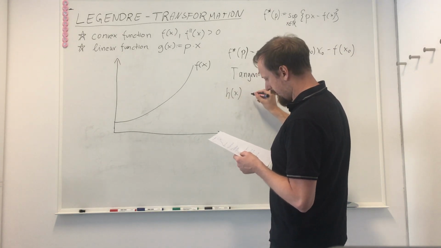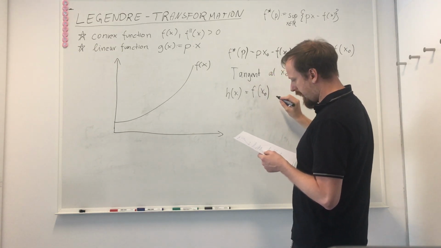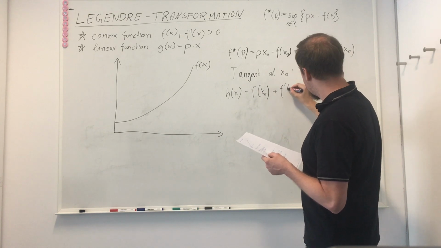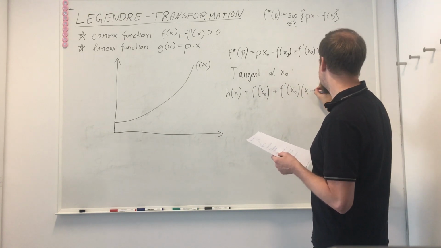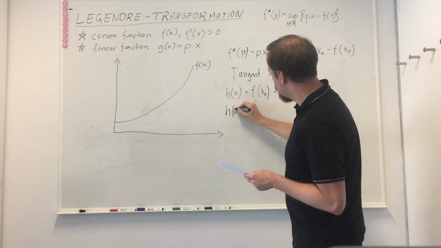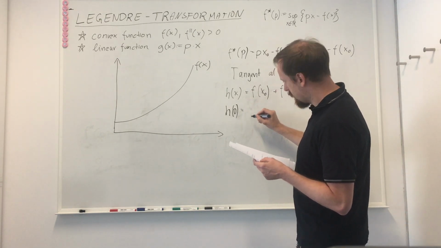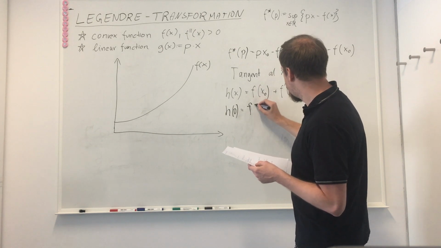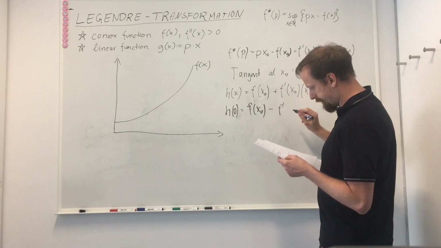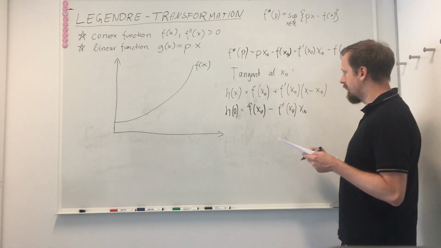So h of x equals f evaluated at x naught plus f prime at x naught times x minus x naught. And h evaluated at 0 equals f evaluated at x naught minus f prime evaluated at x naught times x naught.